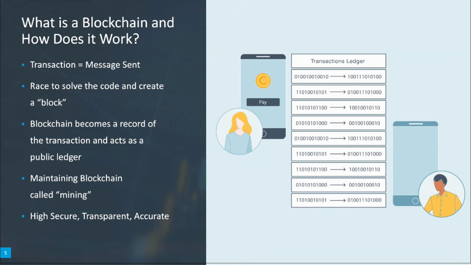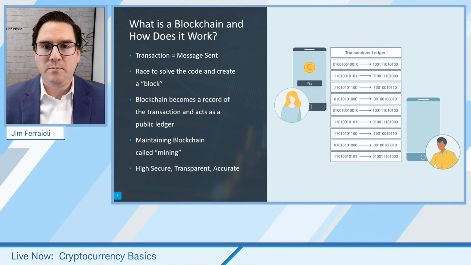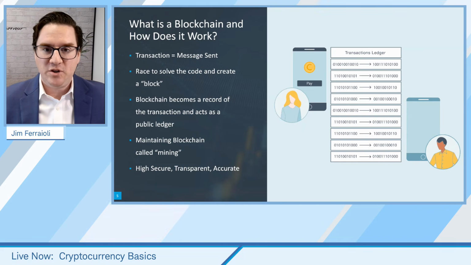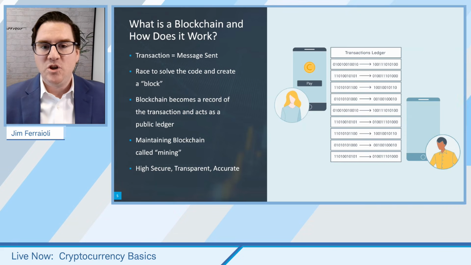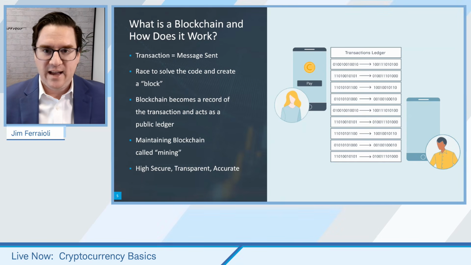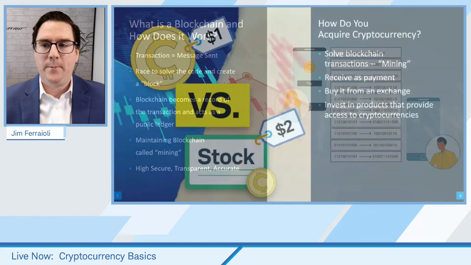As I said before, the participants of the blockchain network that maintain the blockchain are referred to as miners, and so the process of validating transactions is referred to as mining. Blockchains are highly secure, transparent, and accurate. They can be seen at any time by any person. You can see historical transactions and most recent transactions as well.